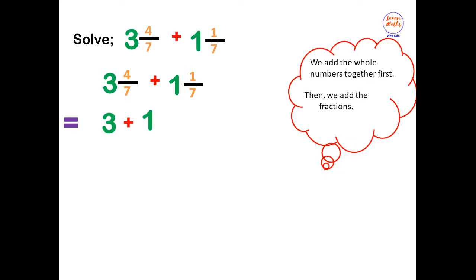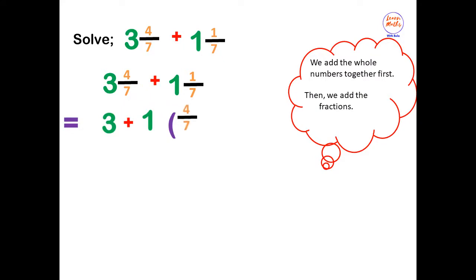Then we have the fractions. So I introduce a bracket. I usually do this also in class to show that this one is separate, and this is another part of the work.